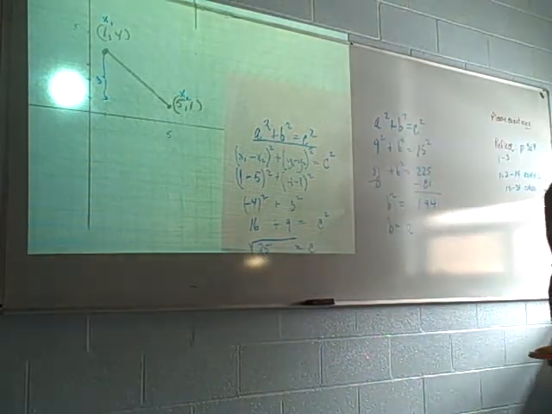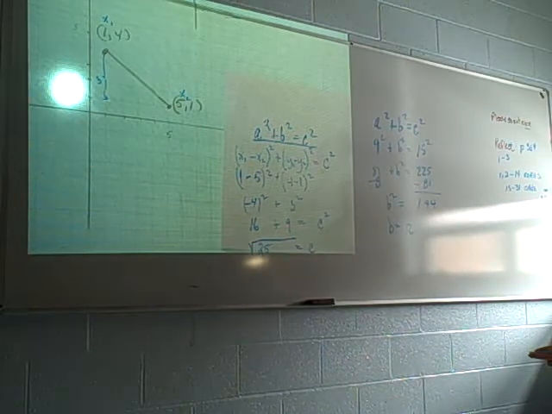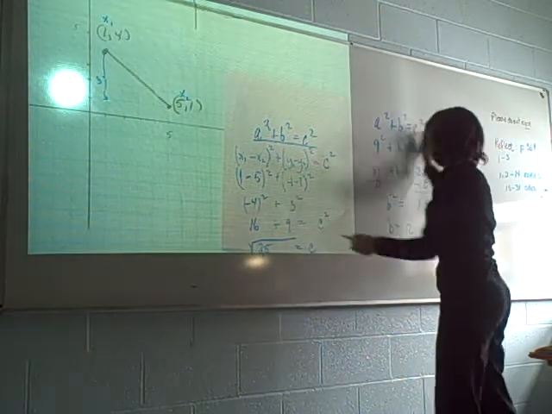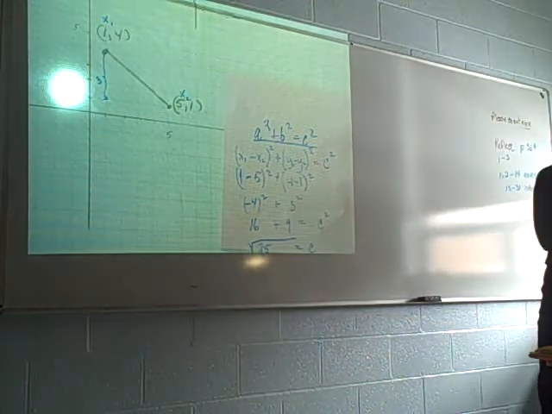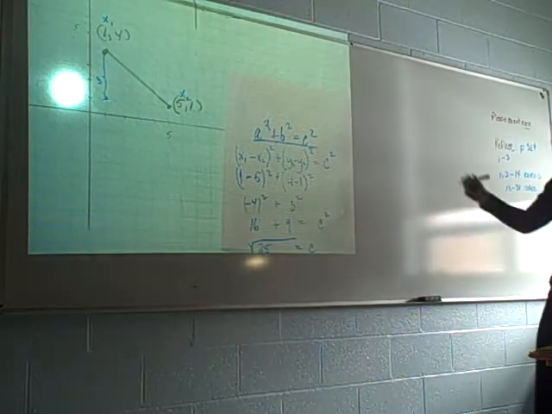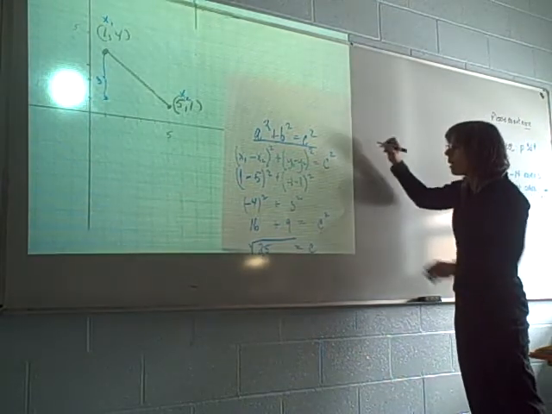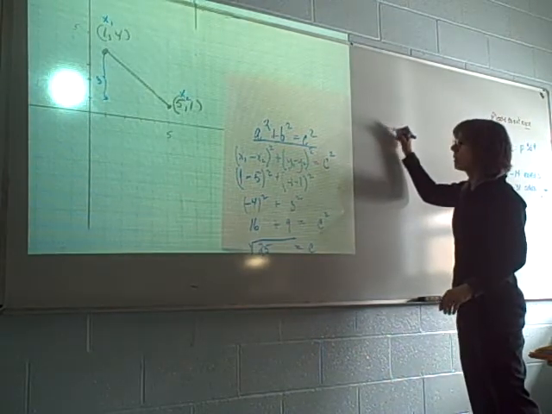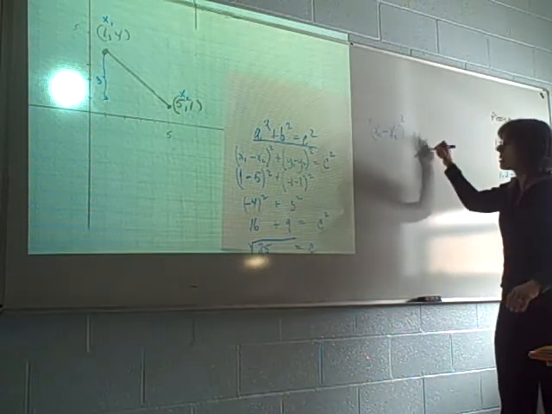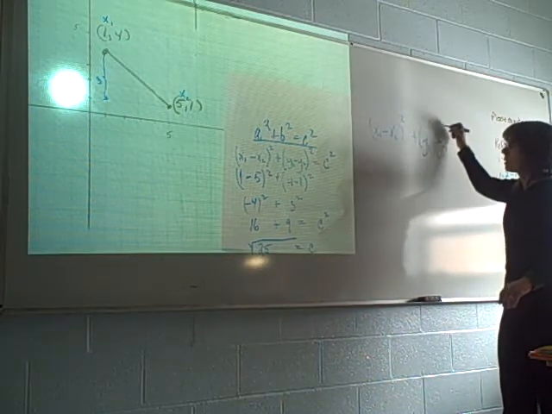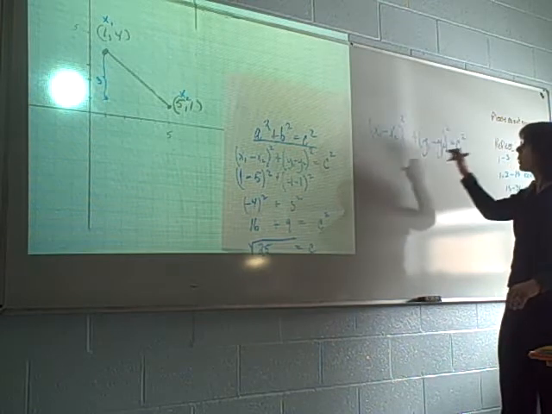So I need to just remember that last step. That happens to be the formula for the distance right here. And we're going to write that down just to know it in case you ever think about it again sometime in your life. I'm going to have x sub 1 minus x sub 2 squared plus y sub 1 minus y sub 2 squared is equal to c squared.